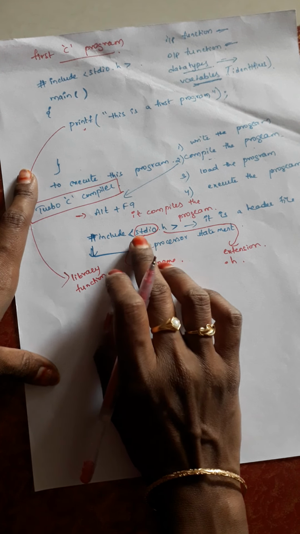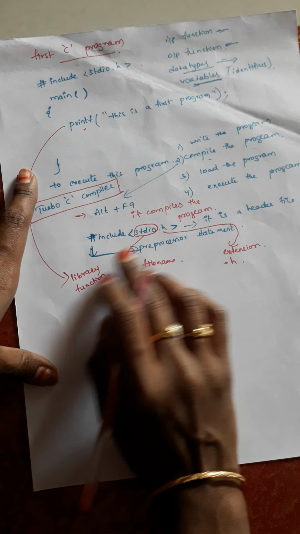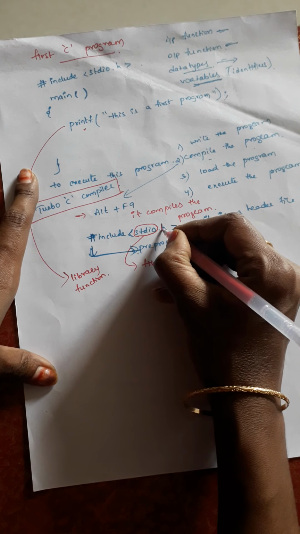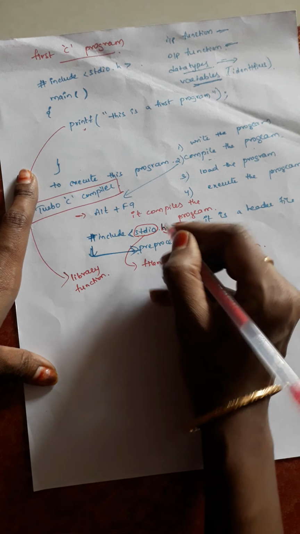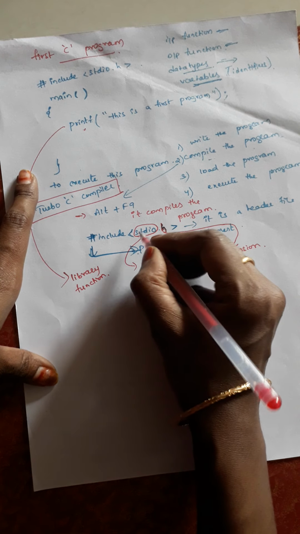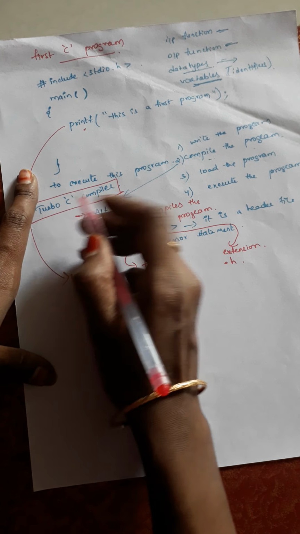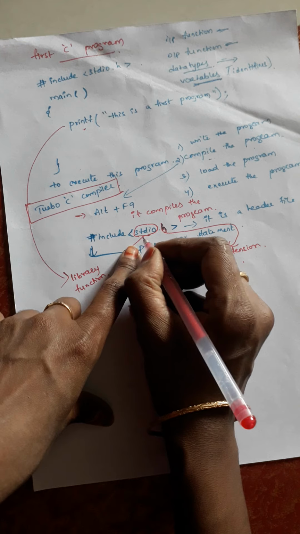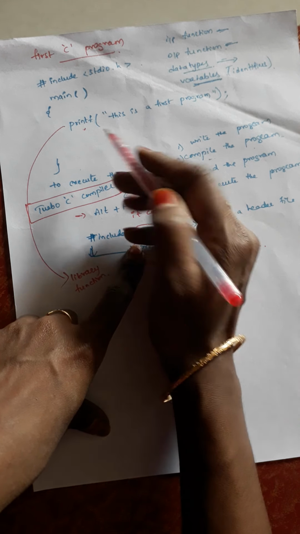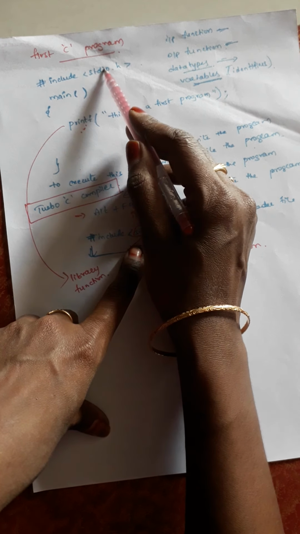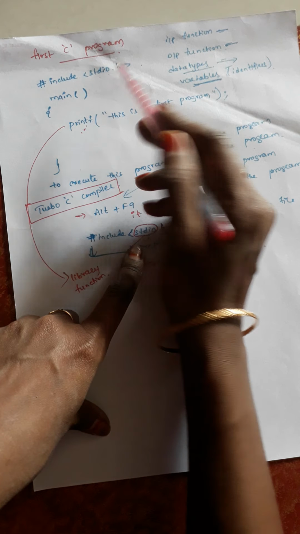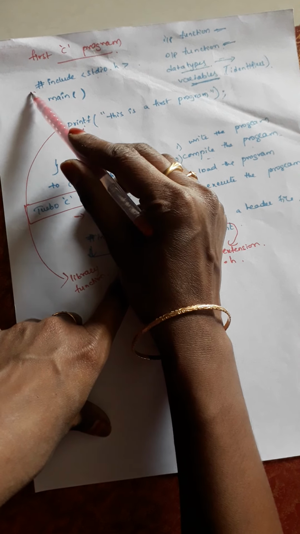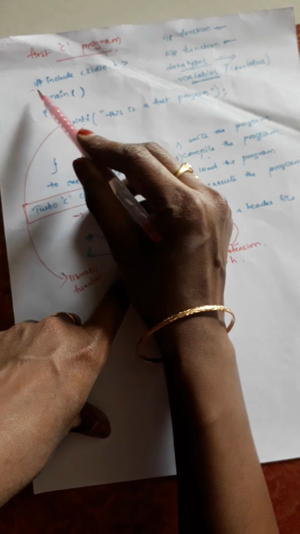What is the name of the file? stdio. What type of file is it? .h, a header file. This function is stored in this file. That's why this statement is included.